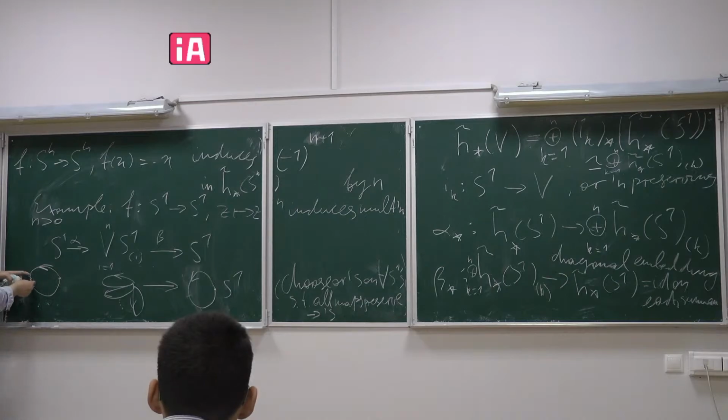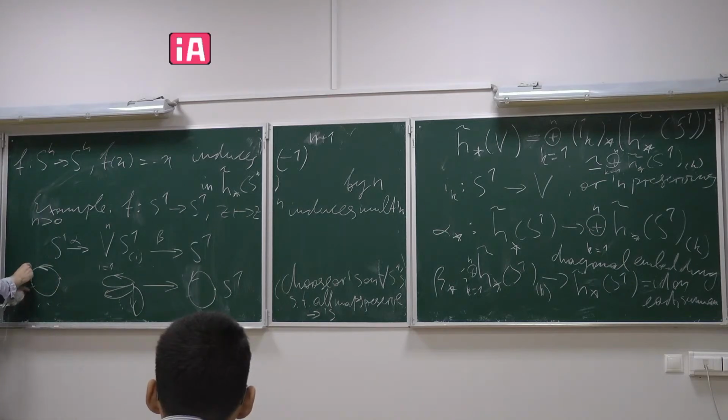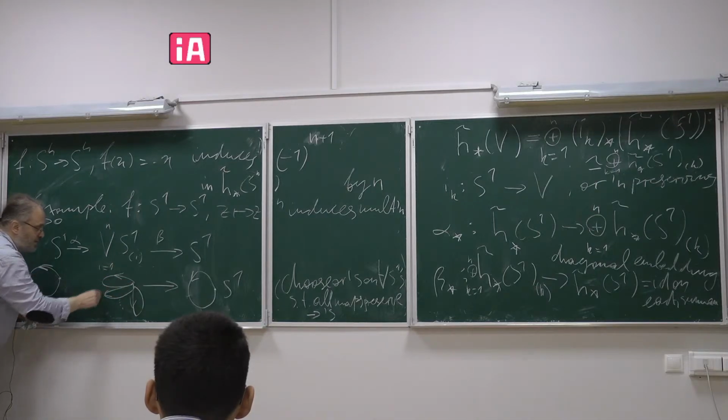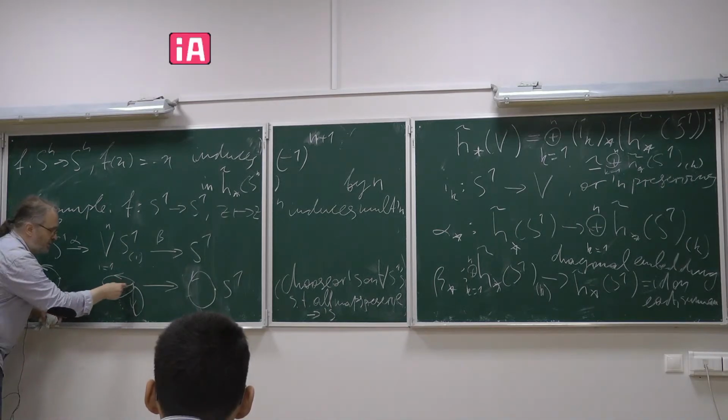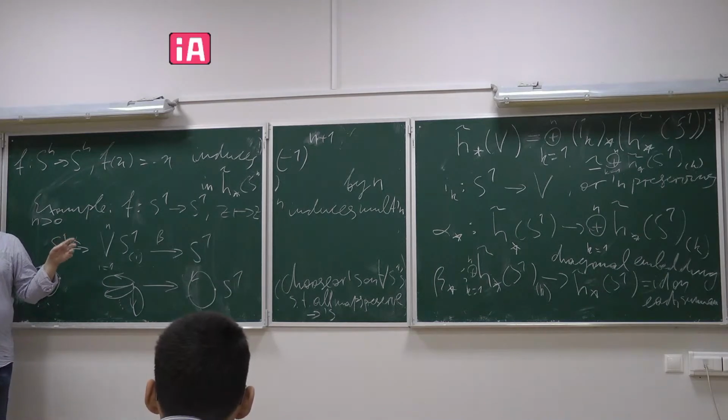And so the map from this circle to this circle collapses everything outside a segment, and then it spreads the segment over the circle. If we identify the circles in an orientation preserving way, this map becomes homotopic to the identity. It's a key point. Does everyone understand it?